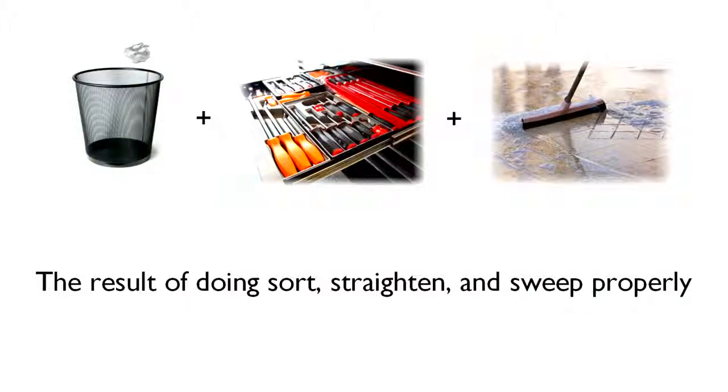Alright, before we define Standardize, let me just say that we gave serious consideration as to whether to even include the Standardize step in this 5S course. Now, this may sound a bit odd, but after we define it, you'll better understand the dilemma we faced. So Standardize, in the context of 5S, is simply the result of doing the first three steps properly, namely sort, straighten, and sweep.